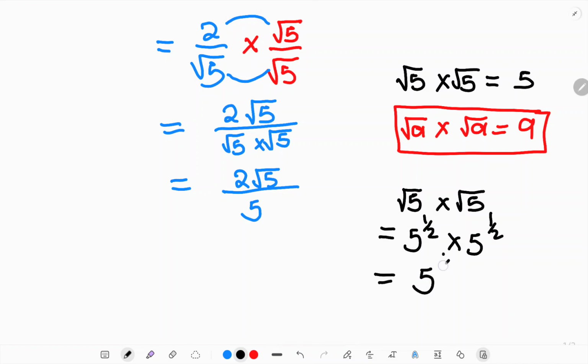So this is 5 to the power of 1 over 2 plus 1 over 2, and we know that 1 over 2 plus 1 over 2 is just 1, which is just 5. In this case we have rationalized the denominator. So this is one way you can actually see this.